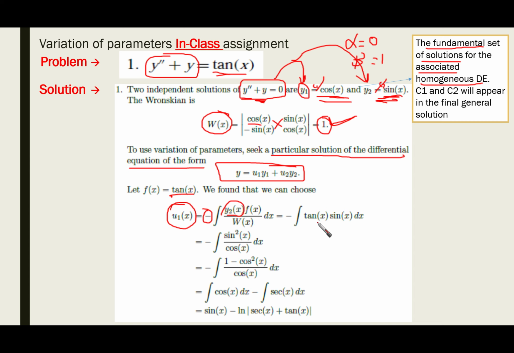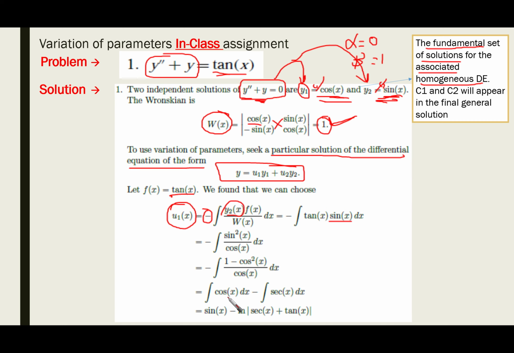So we have f of x as tan x and y2 as sine x. Tan means sine over cosine, so we end up with sine squared over cosine dx. Sine squared means 1 minus cosine squared x, a trigonometric transformation, over cosine x.